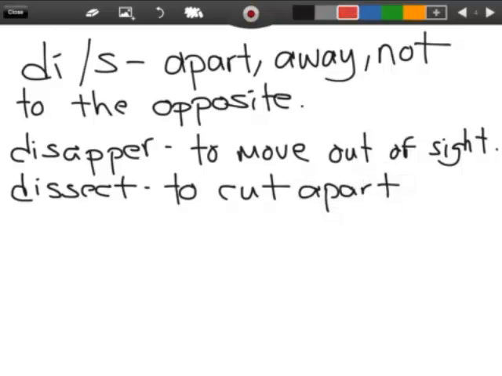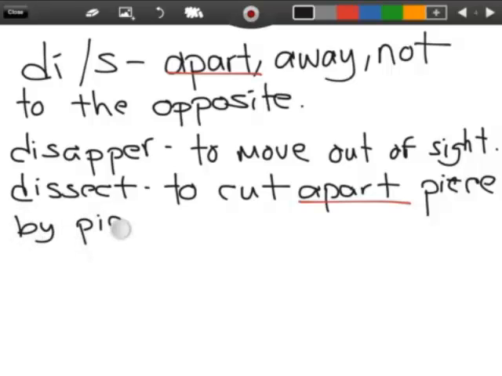I'm going to underline this so it will be much more clear. To cut apart piece by piece. And I'm going to use dissect in a sentence.